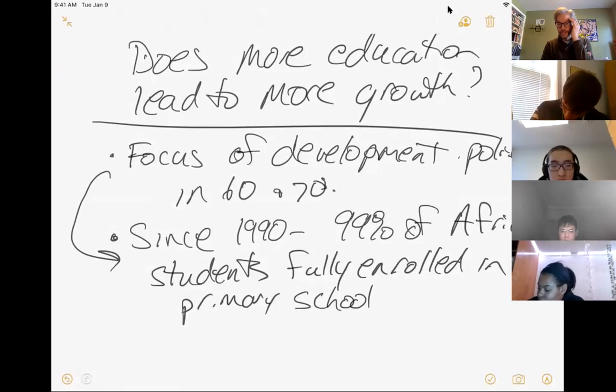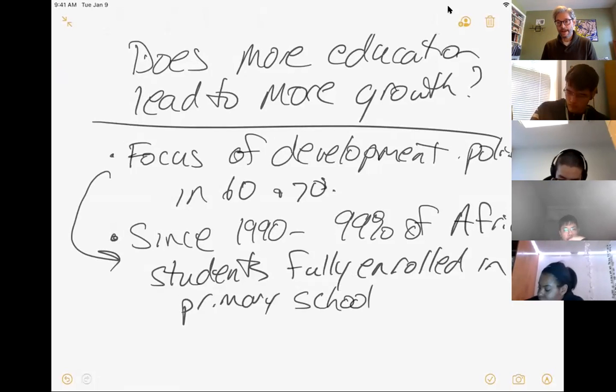If someone tells you that African countries are poor because kids don't go to school, that is wrong, right? Or let me put it another way. If somebody says, well, part of what makes sub-Saharan Africa poor is that a lot of kids can't go to school, no, that's not right.